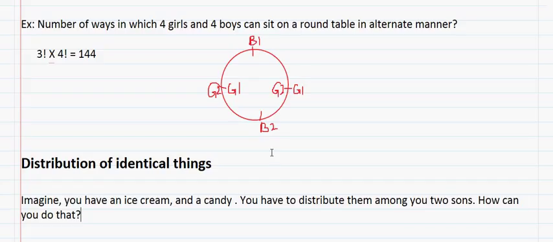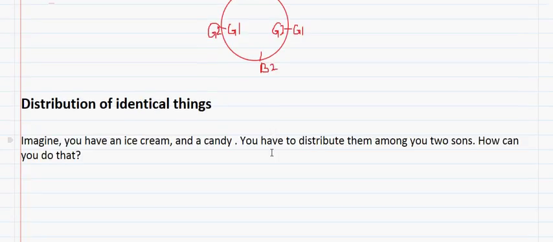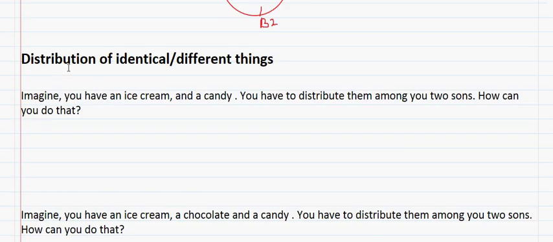The other important concept which we are going to do today is distribution of identical or different things, right? So imagine you have an ice cream and a candy. In how many ways can you distribute them amongst your 2 sons, right? Since the number of things is small and we have only 2 people to distribute them to, let's make a table out of it.